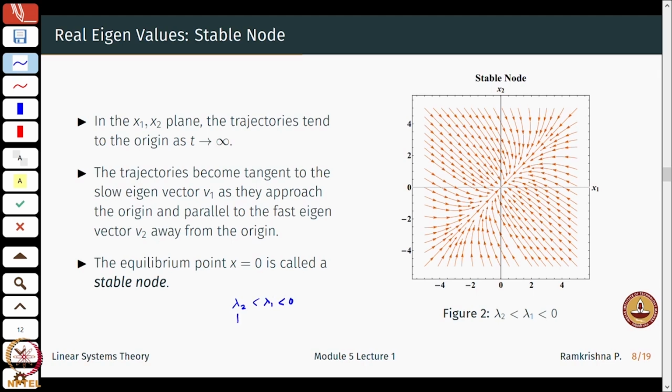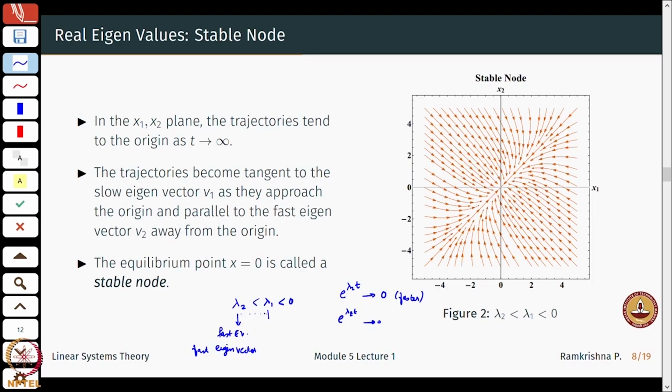If this condition is true, then the term e power lambda 2 t converges to the origin faster than e power lambda 1 t. So, we call this the fast eigenvalue, and the corresponding eigenvector the fast eigenvector. Similarly, we have the slow eigenvalue and the slow eigenvector.